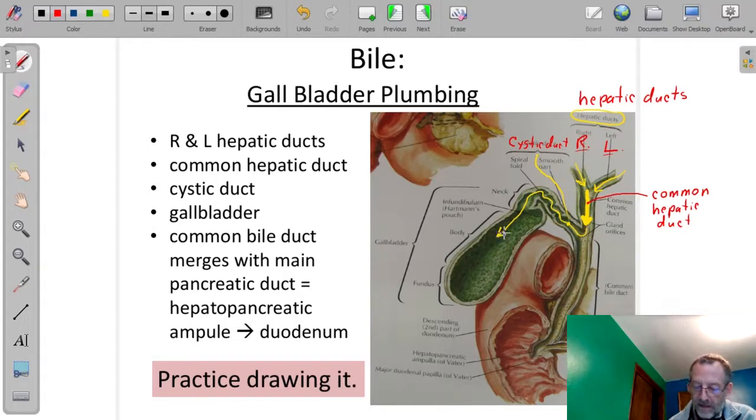And the bile is stored in the gallbladder, and it's also concentrated. So let's say stored and concentrated. Much of the water is just removed.